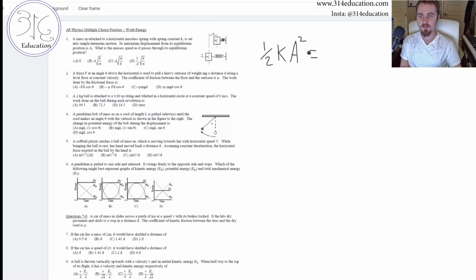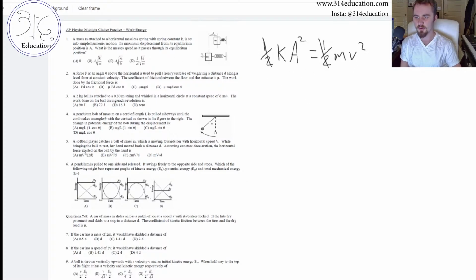We expect this total amount of energy at that displacement to equal the energy when we go through the equilibrium. At the equilibrium, the spring's displacement is 0. So our x goes to 0, there's no more spring potential, and all of our energy is in kinetic. So we can compare this to our kinetic energy. And there's our velocity term, which has the mass's speed encoded in it.